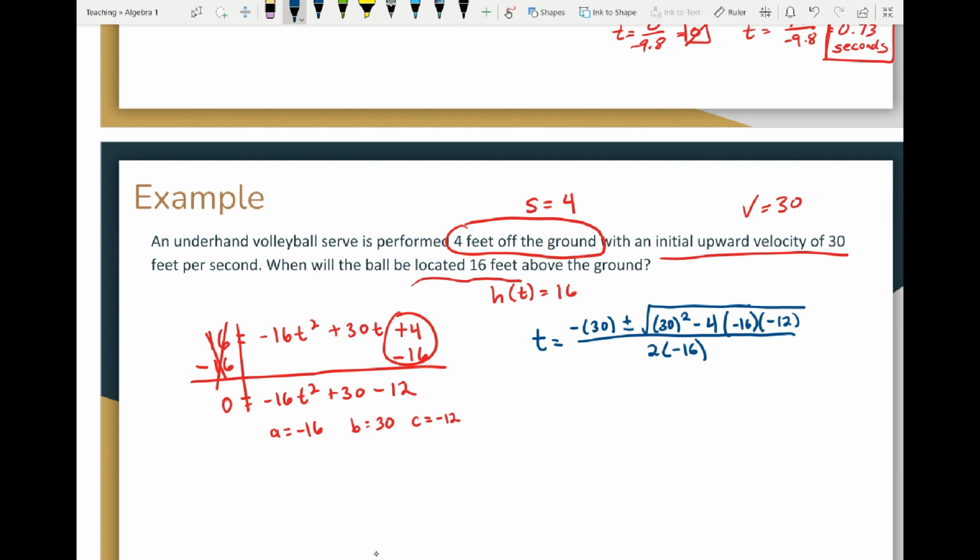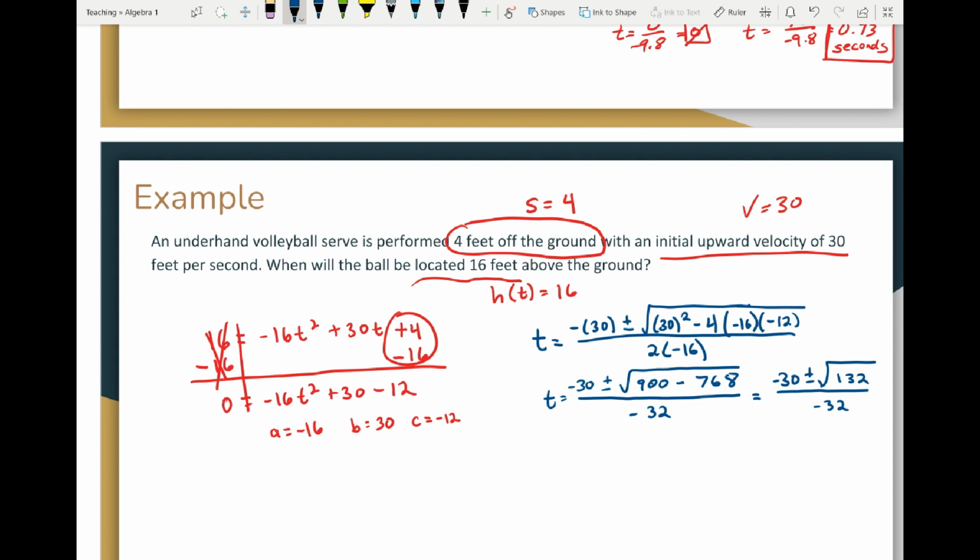And we can just start solving that out. So we're left with t equals negative 30 plus or minus 30 squared is 900. And then if I do negative 4 times negative 16 times negative 12, I'm left with negative 768. And then 2 times negative 16 is negative 32. I can simplify that a little bit. I get negative 30 plus or minus the square root of 900 minus 768 is 132, all over negative 32.